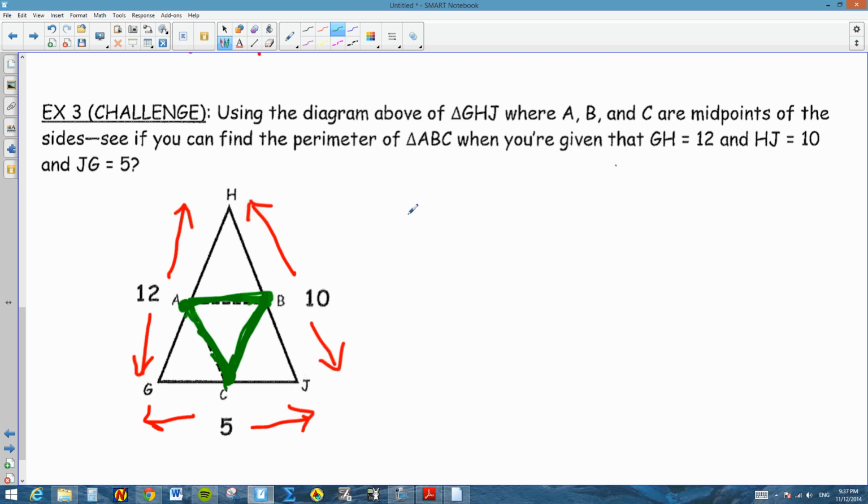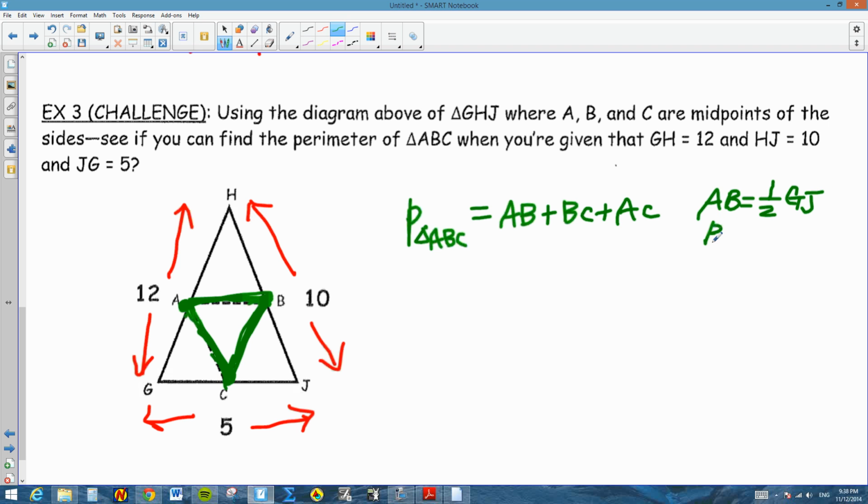So you are looking for the perimeter of triangle ABC. That will equal the length of AB plus length of BC plus length of AC. And you know that AB is half of that, right? So we know that AB, the midsegment, will equal half of GJ.